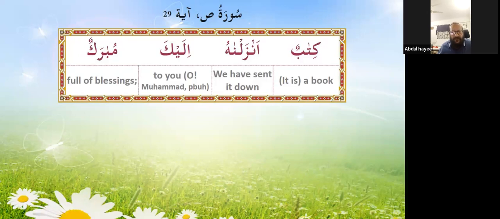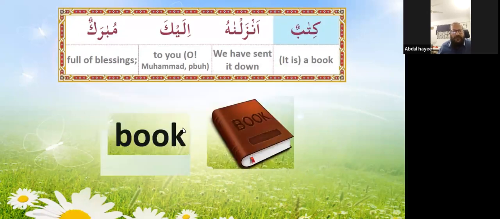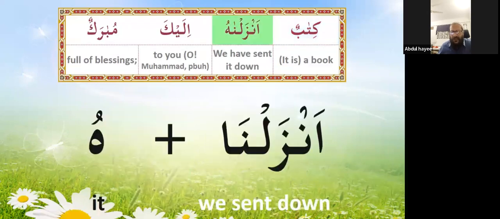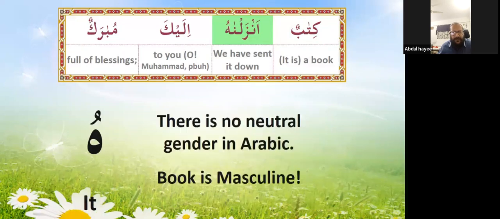So kitab, book, is singular, and the plural is kutub. So anzalna and hu: anzalna actually comes from the table of anzala. Then hu is masculine, not feminine, as there is no neuter gender in Arabic.